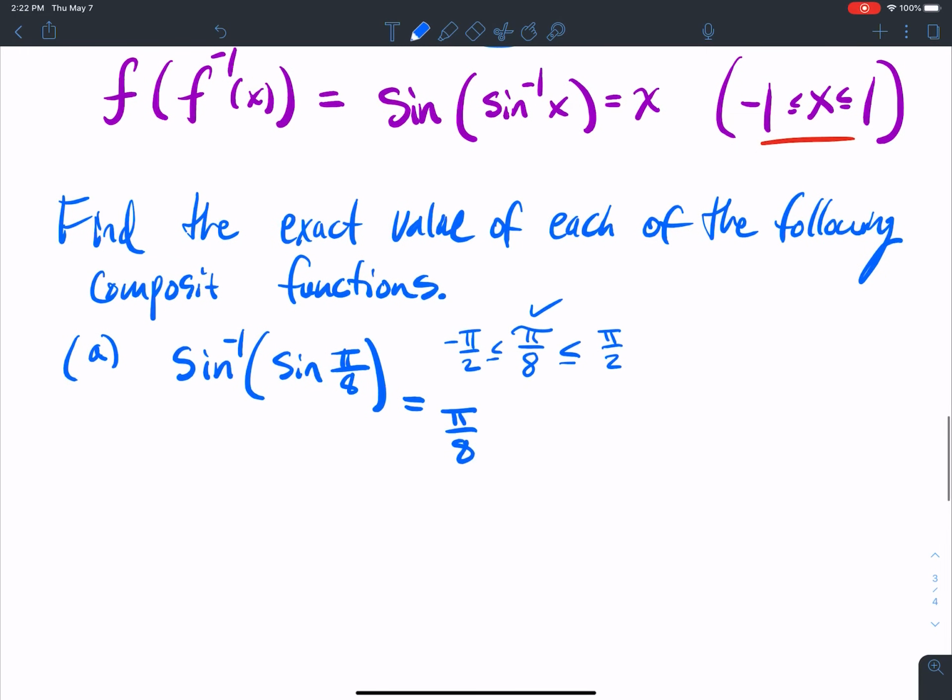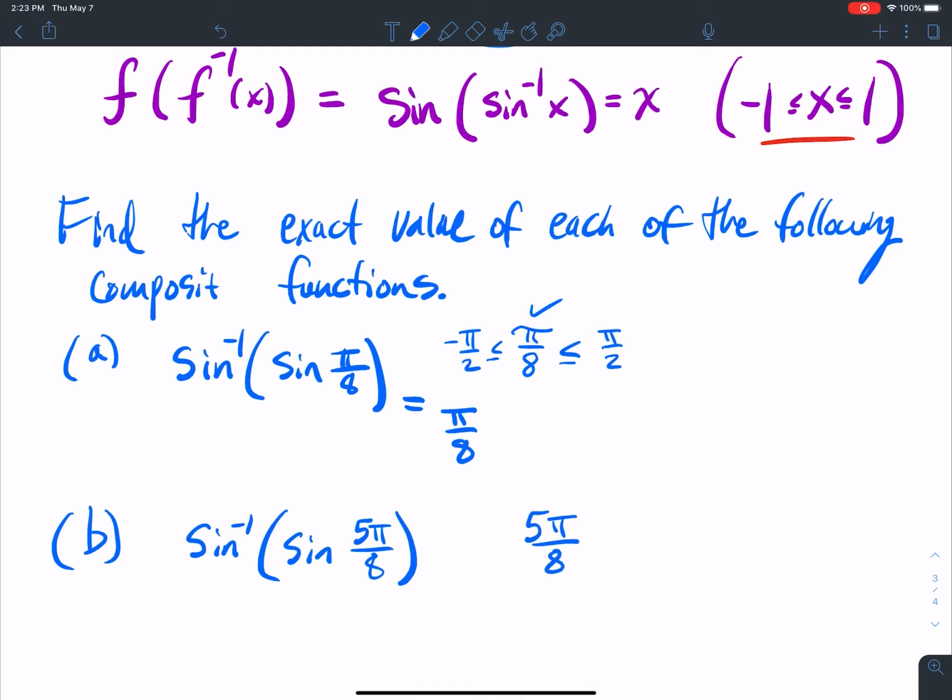Let's try another one. Let's calculate the sine inverse of the sine of 5 pi over 8. When I look at this, 5 pi over 8 is actually greater than 4 pi over 8, which is equal to pi over 2.